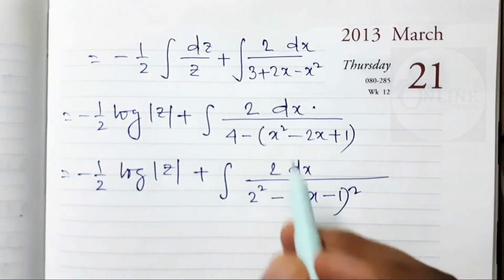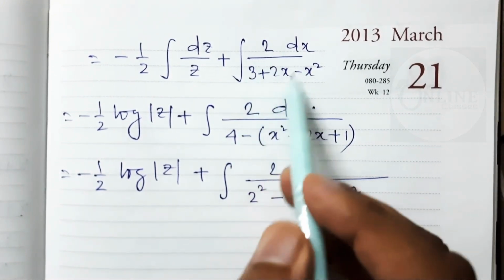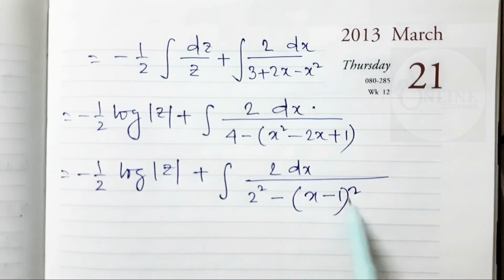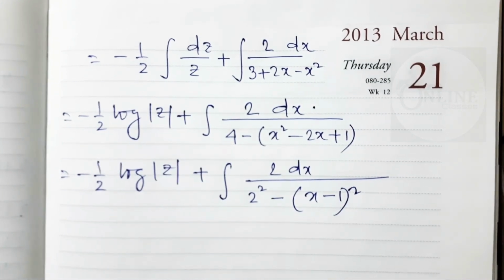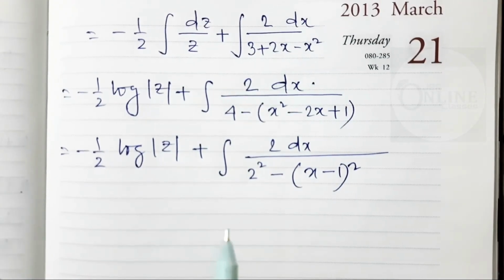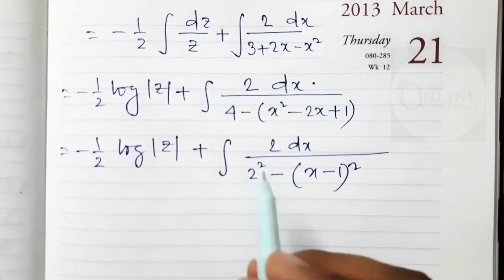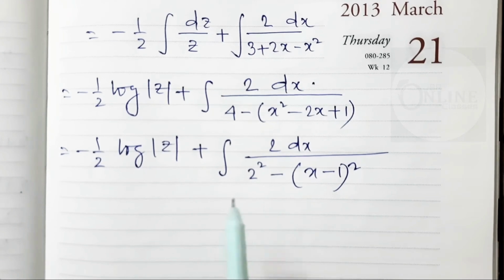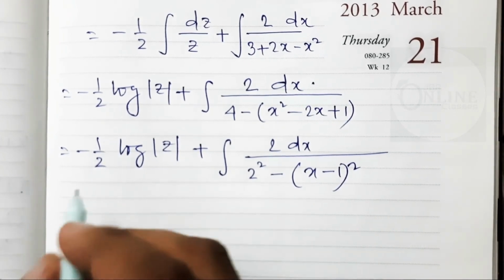I am actually rearranging this integration in the format of dx by a square minus x square. Because we have a formula for that kind of integration, that is a standard formula. You please try to remember those formulas. You can find it in any book.